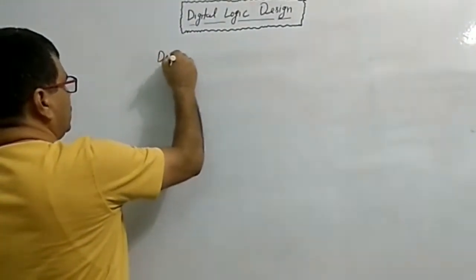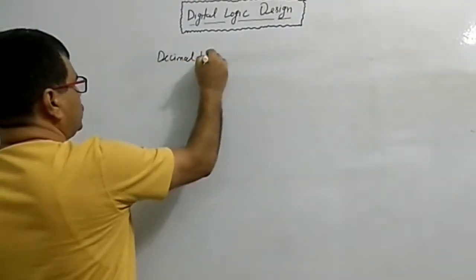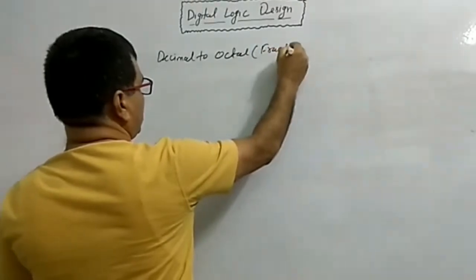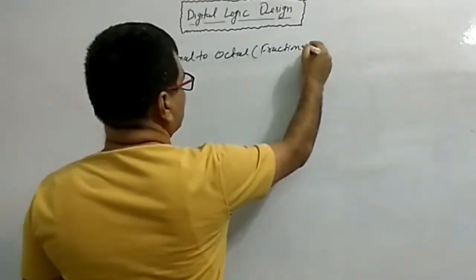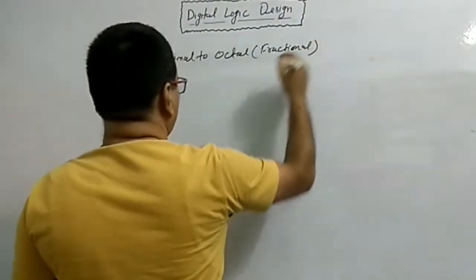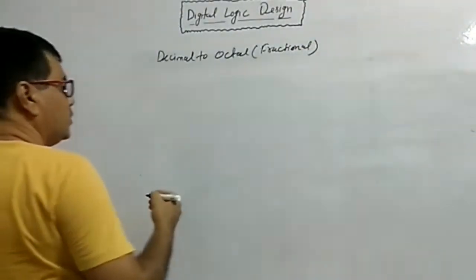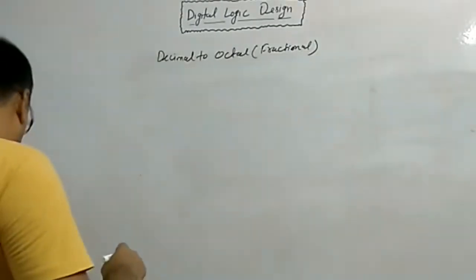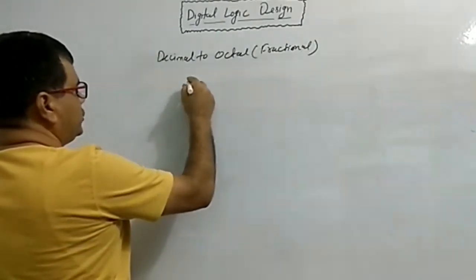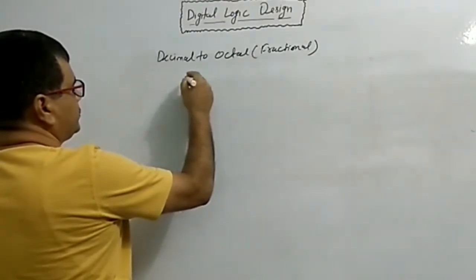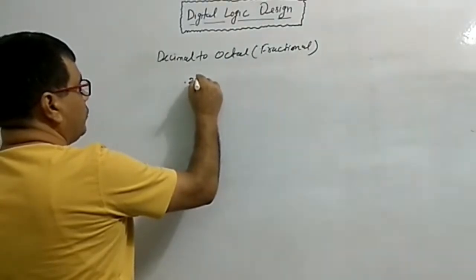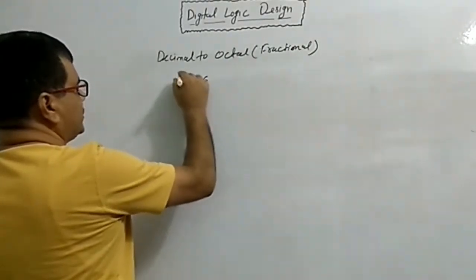Now, decimal to octal, fractional part. For example, let us take any decimal number, let the decimal number be 0.256.